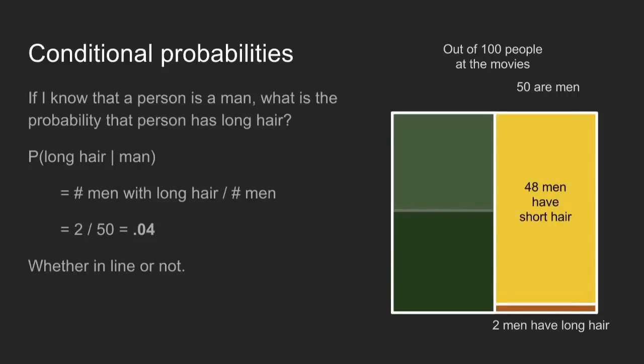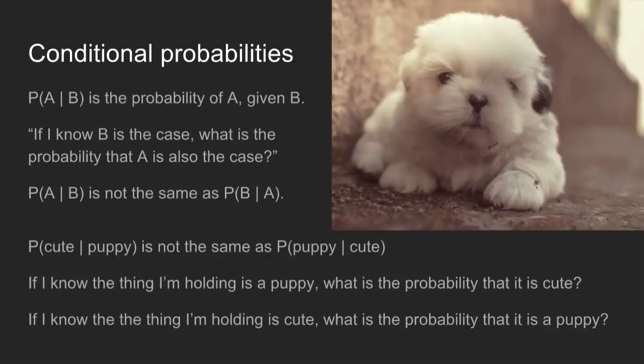We can do the same thing with men. Probability that someone has long hair given that they're a man is 4%. So conditional probabilities: if I know that B is the case, what's the probability that A is also the case? You can't reverse B and A and have this be true. For instance, if I know that the thing I'm holding is a puppy, what's the probability that it's cute?